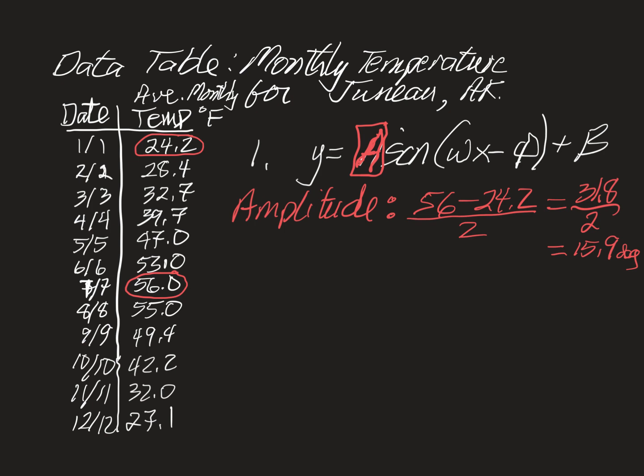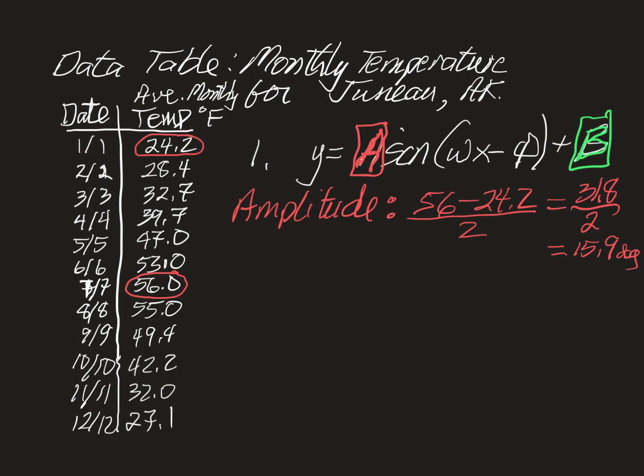Let's go, what would be the next thing that we would find? Well, the next thing we could find would be how far up or down were we moving? How far up or down? And so, as you can see, with 56 and 24, we are not centered on 0 for the midline.